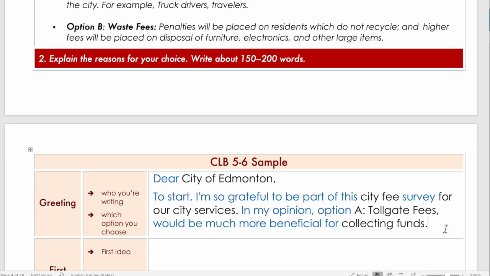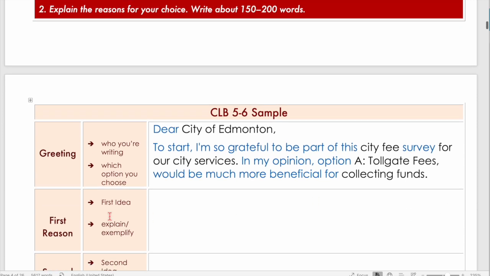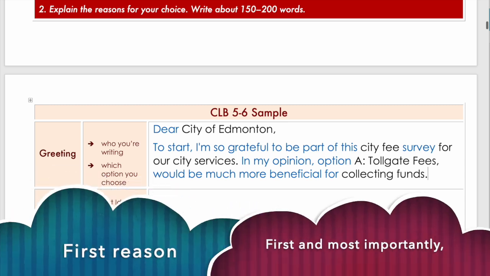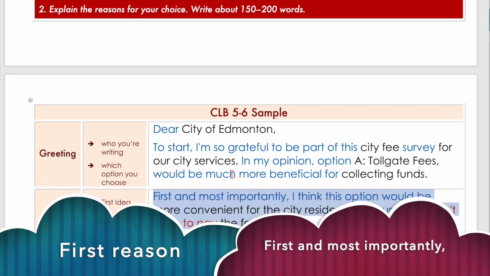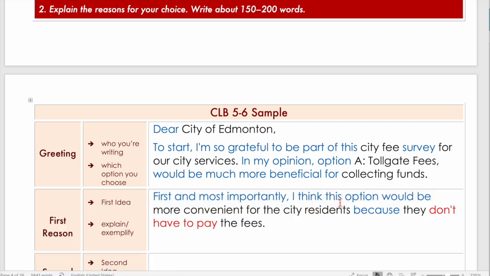Okay. So now let's get to the first reason and first idea. What could it be? Let's see. First and most importantly, I think this option would be more convenient for the city residents because they don't have to pay the fees.